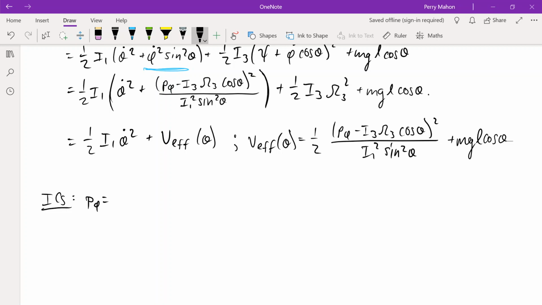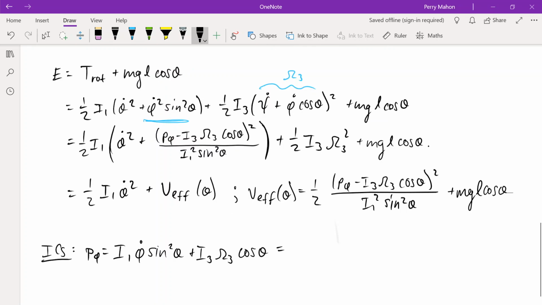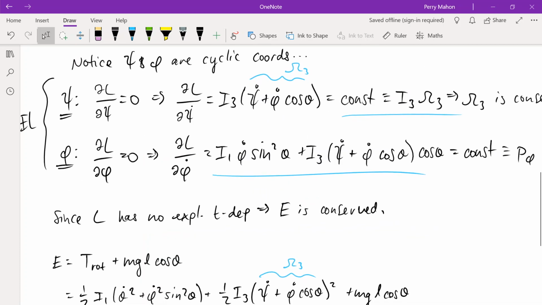Under the initial conditions that we assumed, generally P phi is something times cos theta, right? So this is generally what we found above, right up here.